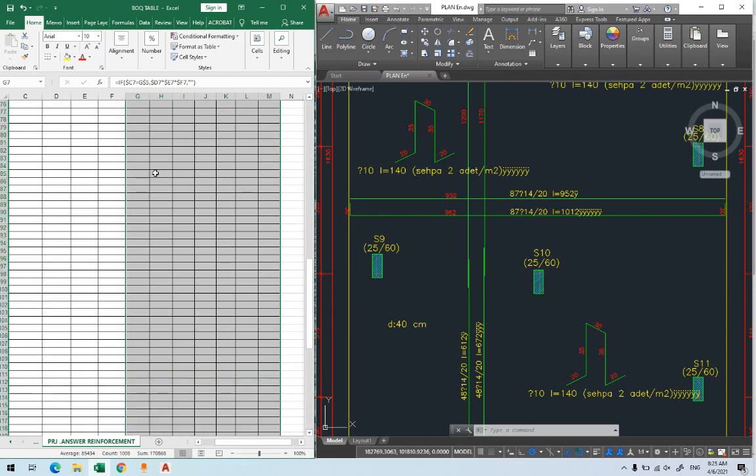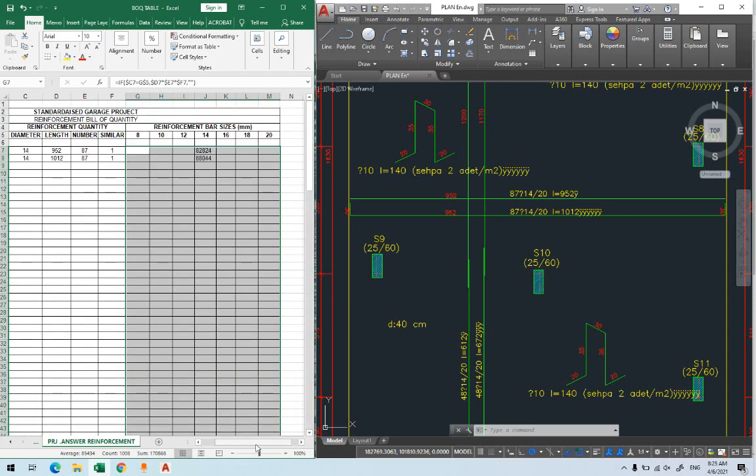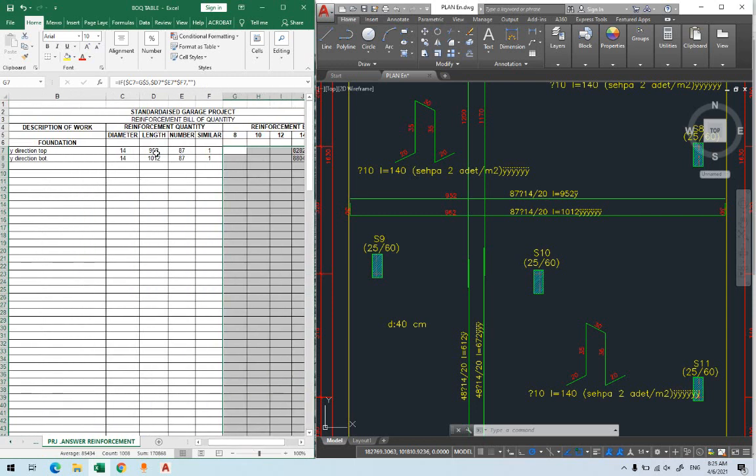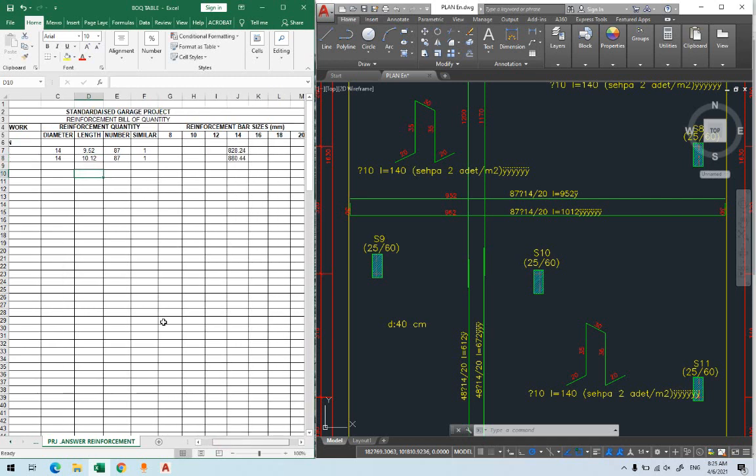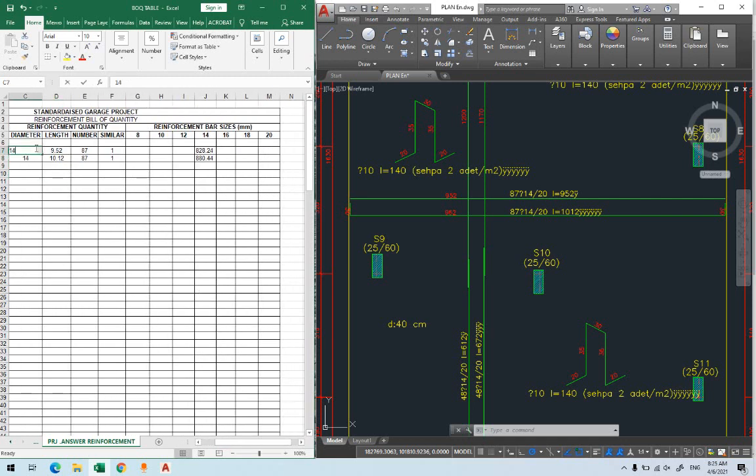Now nothing will appear except this is in centimeter. I can change this one to meter, 9.52, 10.12 to be meter. Those are in meter now. Like if I change this one to 10, it will appear in the 10. So wherever we have it there, 14 will appear in the 14. This is the way that we do reinforcement calculation.